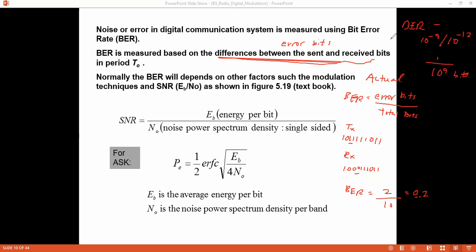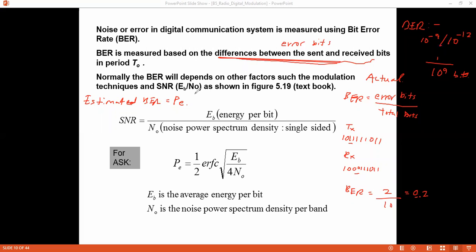So what we do in the academic world is estimate the bit error rate. The estimated bit error rate is also known as the probability of error. It depends on certain factors, such as the modulation technique and SNR.